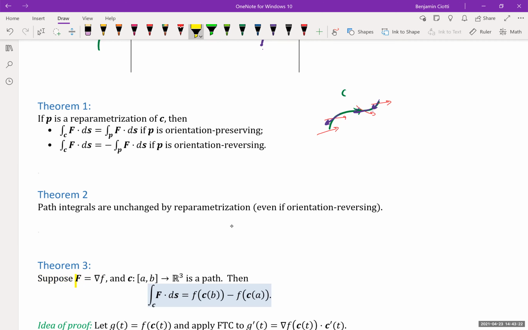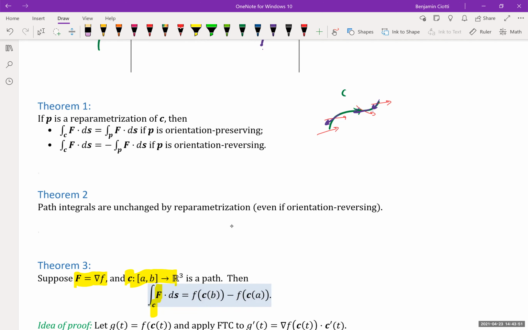If you have a vector field that's a gradient, and you've got some path, and you're integrating this vector field over the path, then what you get as a result is just the scalar function evaluated at the 2 endpoints of the path. So f at one endpoint minus f at the other endpoint.